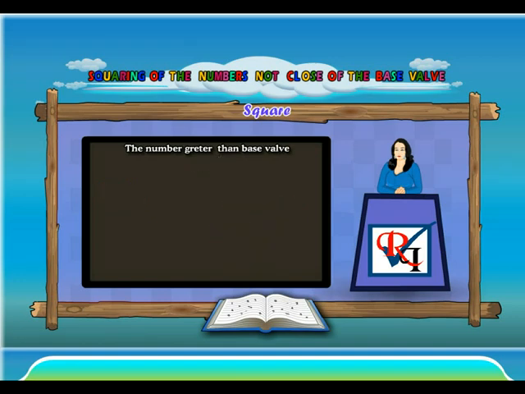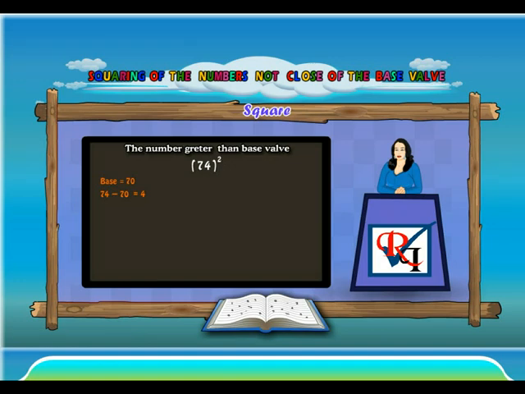Let's take one more example of a number greater than the base value. 74. We find the square of it, so we take 70 as its base, as 70 is closer than 80. Then subtract 70 from 74. What do we get? 74 minus 70 is equal to 4.